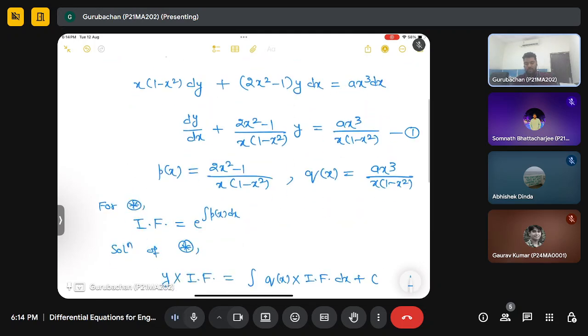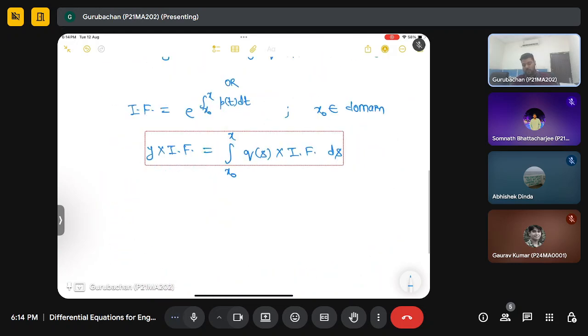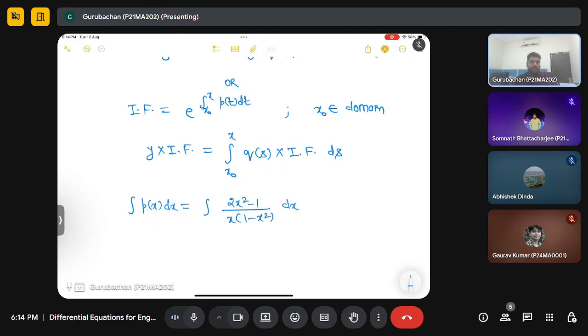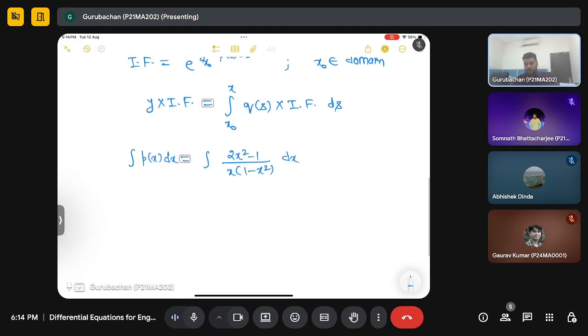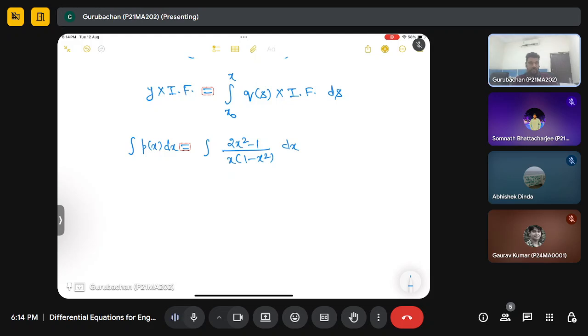So here our p(x) is (2x^2 - 1) divided by x(1 - x^2). First of all we will calculate the integral of this p(x) dx. From here you can apply the partial fraction form, but I would go with another method that is quite visible also.